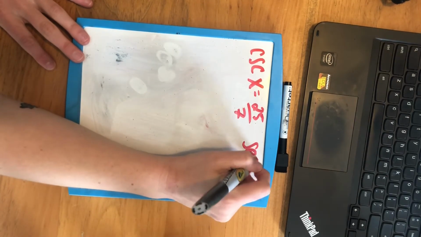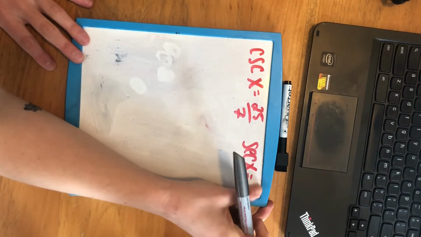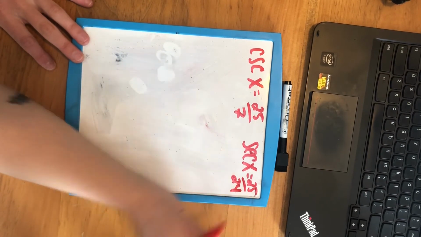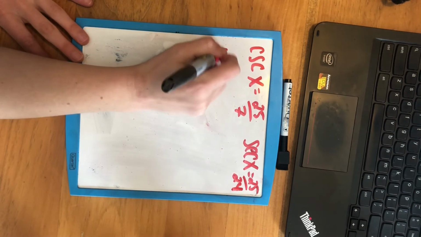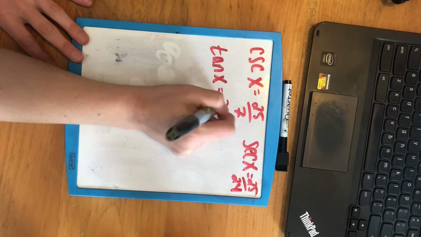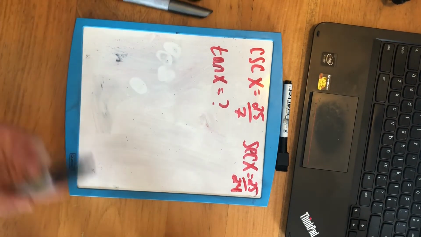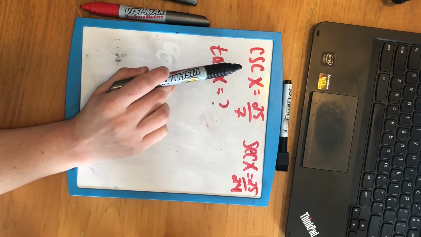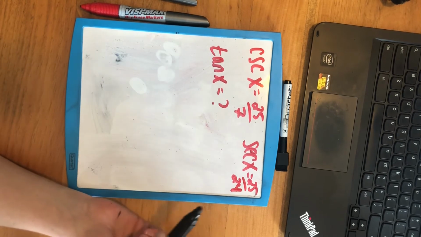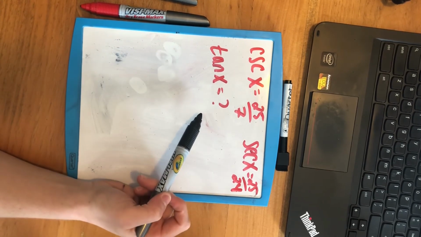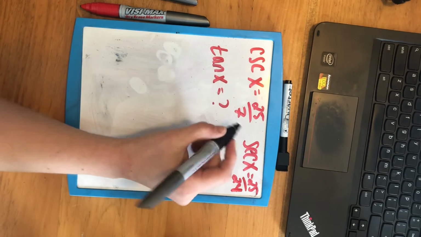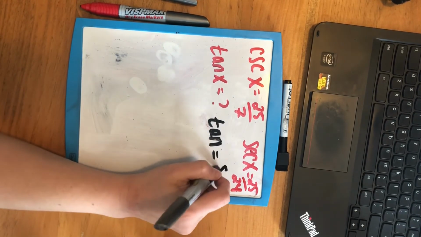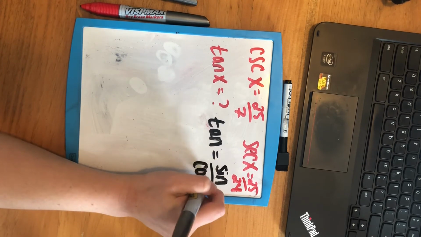We have secant of x equal to 25 over 24. And we want to find tangent of x. All right, this one's a little bit more challenging because cosecant and sine are reciprocals, secant and cosine are reciprocals, they're not directly related to tangent. But we know the quotient, that tangent is equal to sine over cosine.